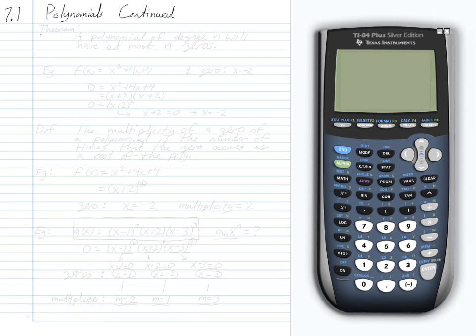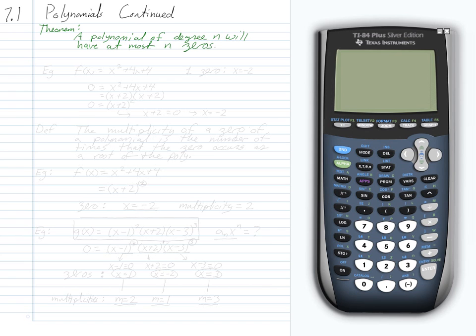Welcome back. So polynomials, just like exponentials and logs, are a family of functions which share a lot of the same features. Now there's one theorem which applies to all polynomials, and it says if you have a polynomial of degree, say, n, so n could be 1 or 2 or 17 or 86, any positive whole number, this polynomial will have a maximum of n zeros.